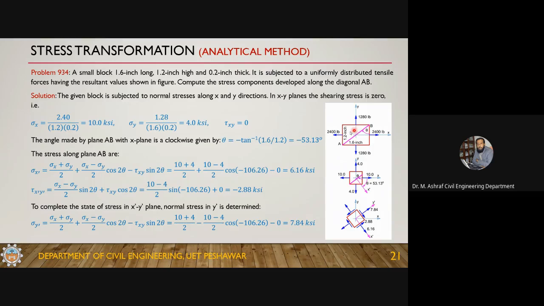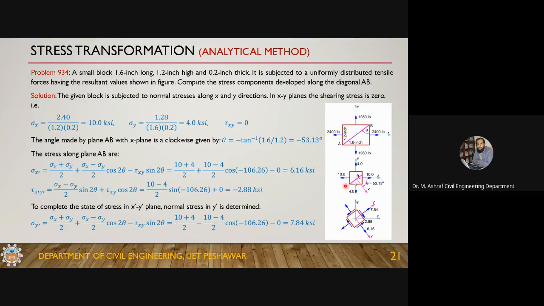If you pick a point from anywhere within this body, you will get the same state of stress, because this body is subjected to a uniformly distributed pressure in the y direction and a uniformly distributed pressure in the x direction. Obviously it will result in a uniform stress condition.